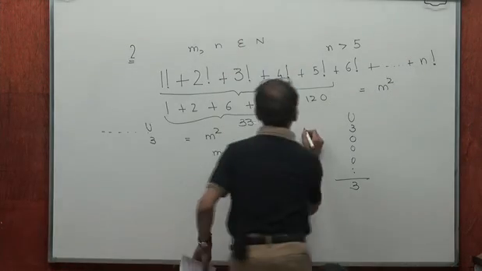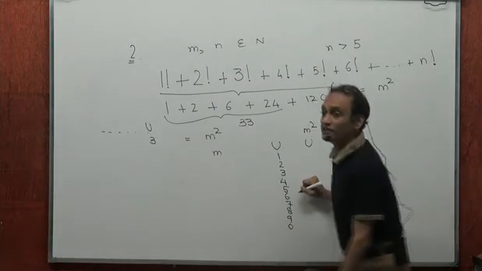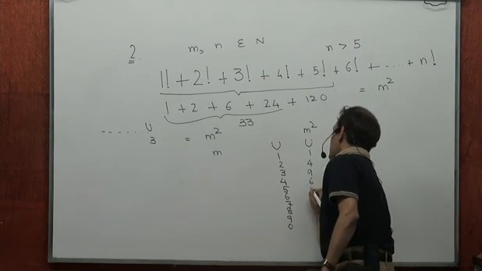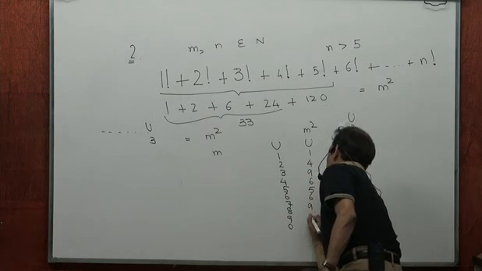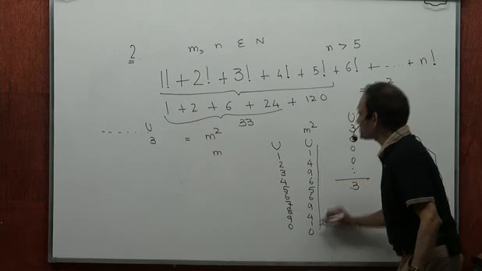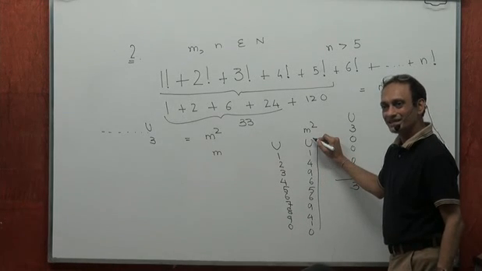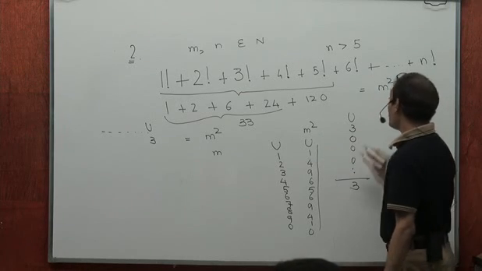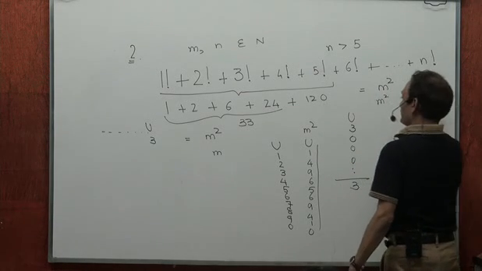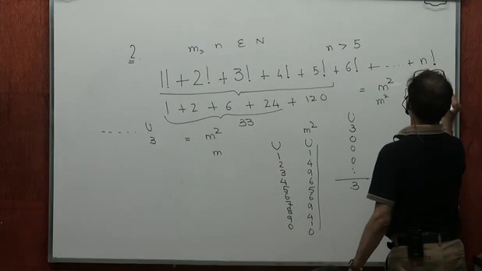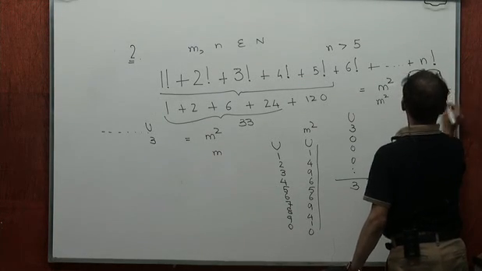So the square of m will have in its units place 1 squared giving 1, then 4, 9, 6, 5, 6, 9, 4, 1, 0. These are the possibilities of the units place of m squared, yes or no? Right? So then m squared will end with 1, 4, 6, 9, 5, 0.